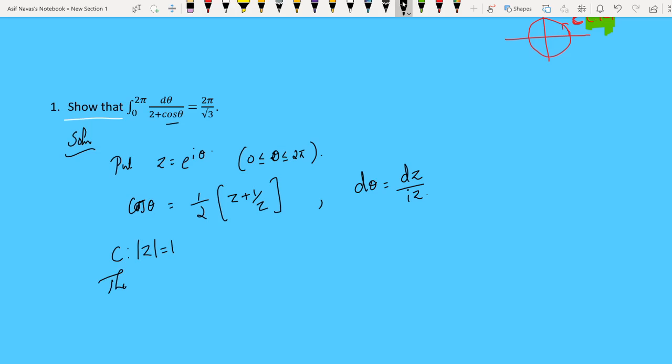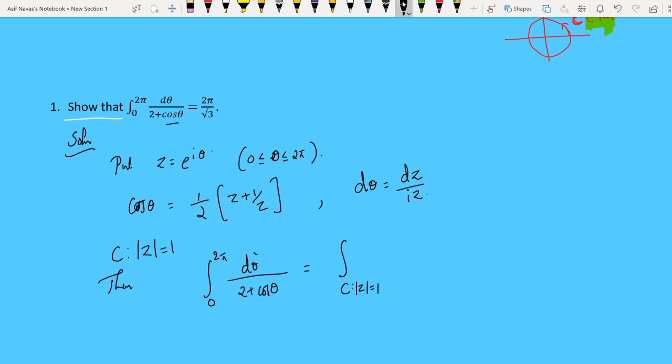Now our integral from 0 to 2 pi of d theta divided by 2 plus cos theta can be changed into an integral over C, where C is mod z equal to 1.